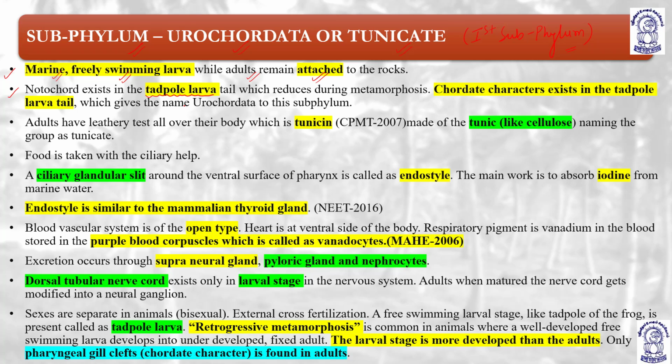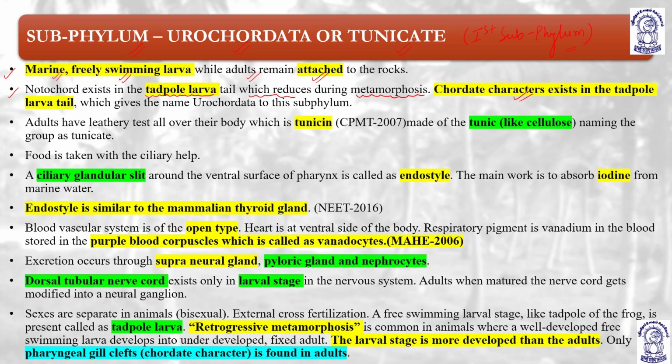Notochord only exists in the tadpole larva tail, and it reduces during metamorphosis. Notochord is not present in any other part except the tadpole larva tail. Chordate characters exist in the tadpole larva tail only.